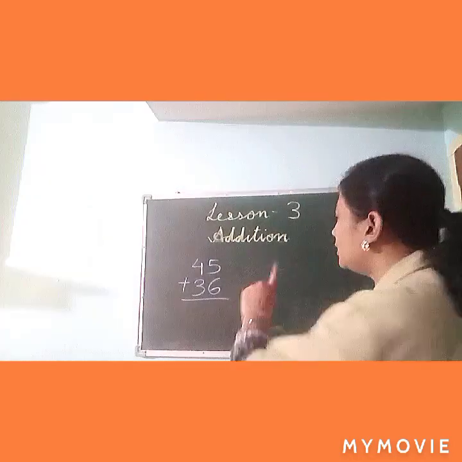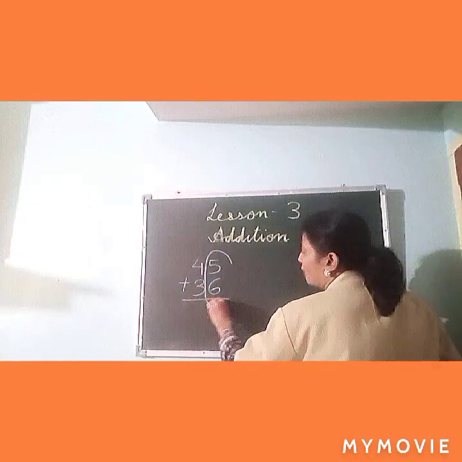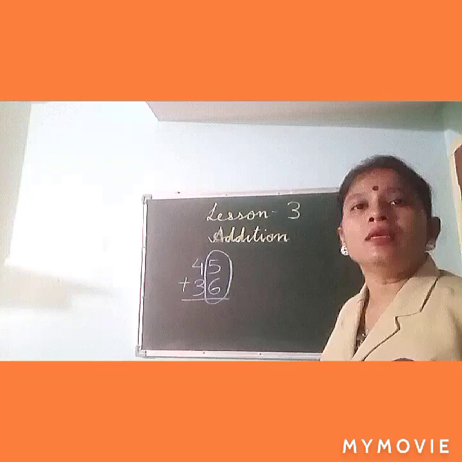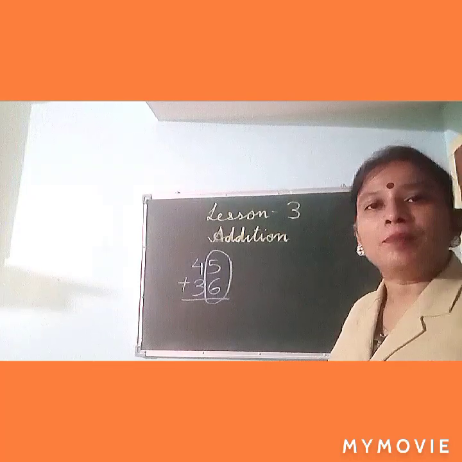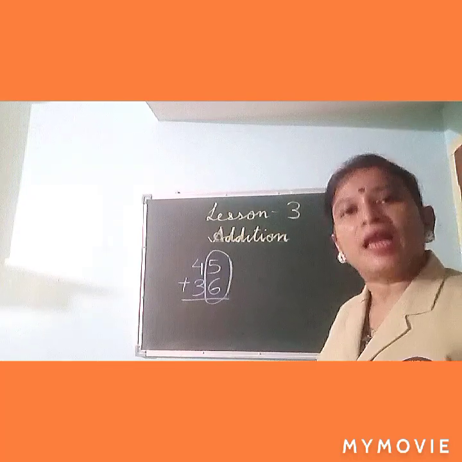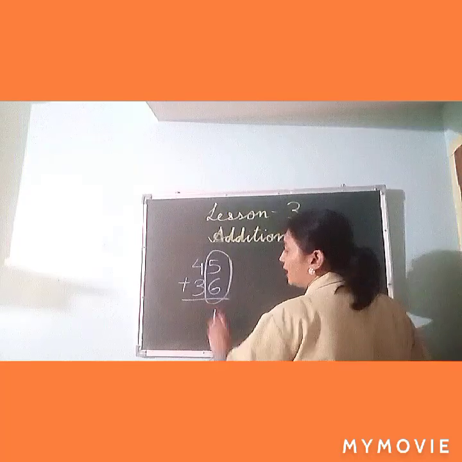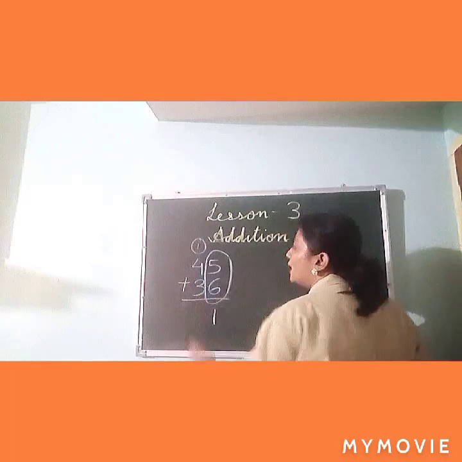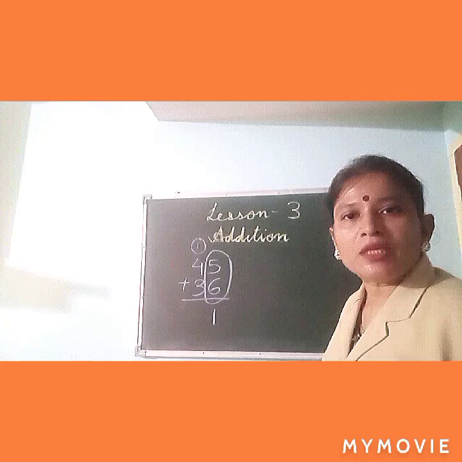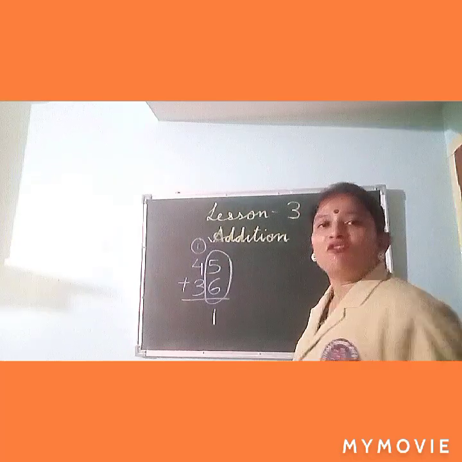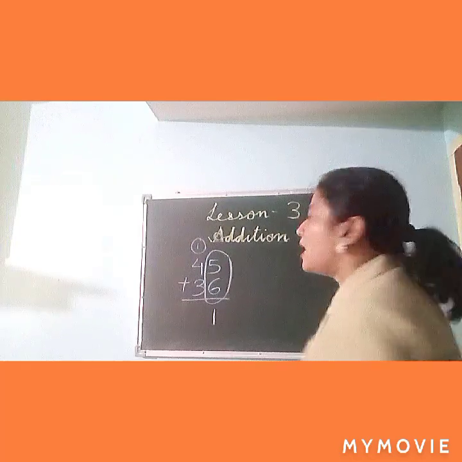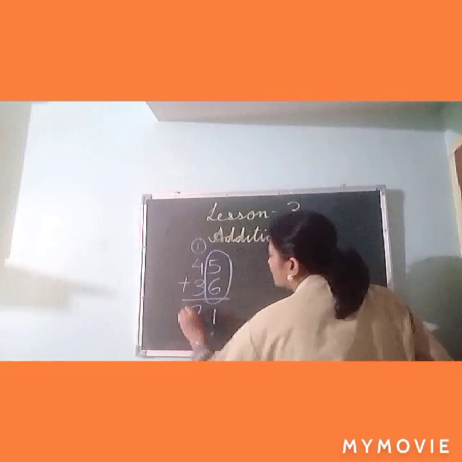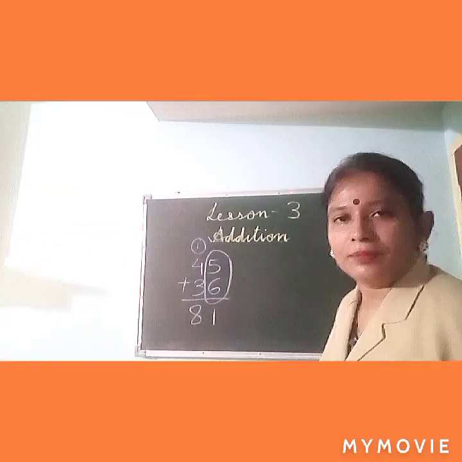Again you will do the same thing. You have to add the digits which are in ones place. 5 plus 6 is 11. So one you will write here and the other one you will write here. 4 plus 1 is 5. 5 plus 3 is 8. So the answer will be 81.